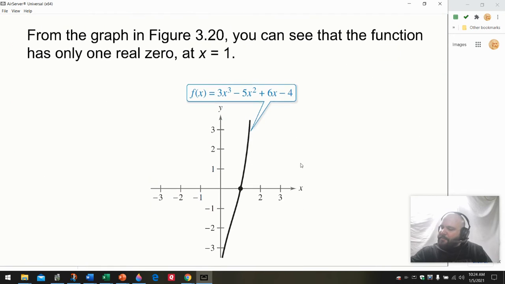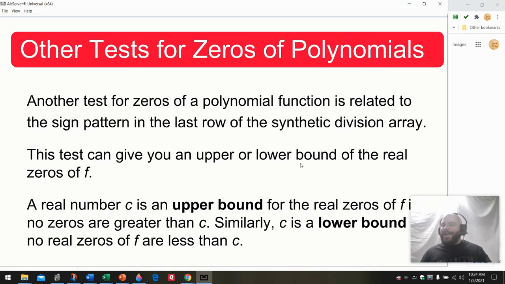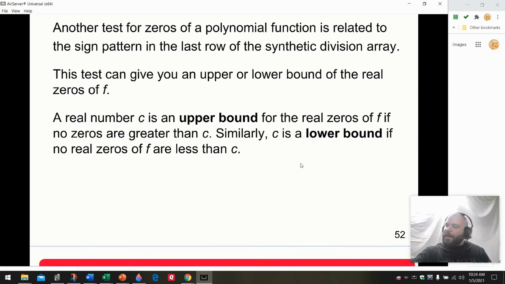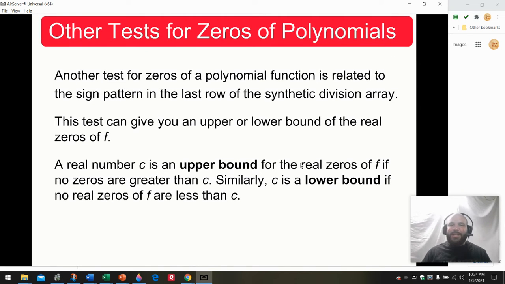Now, there is a second part to this where we can set an upper bound and a lower bound to the number of numbers that we have. And it has to do with whenever we do synthetic division and interpreting the answer that we get. And so it says another test for zeros of a polynomial function is related to the sign pattern in the last row of the synthetic division array.